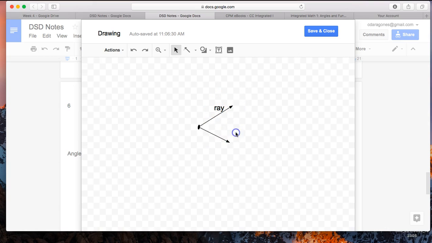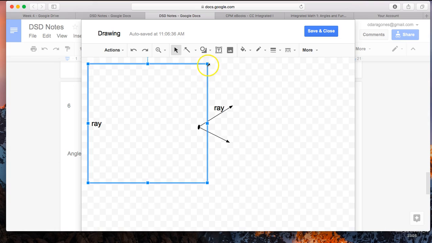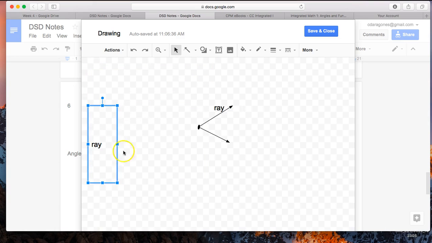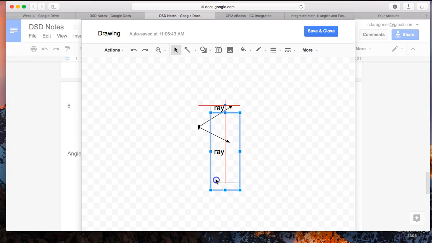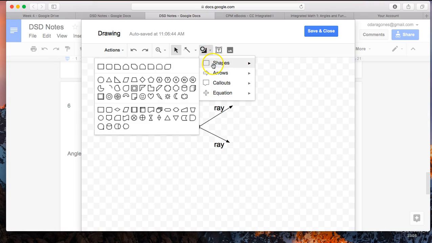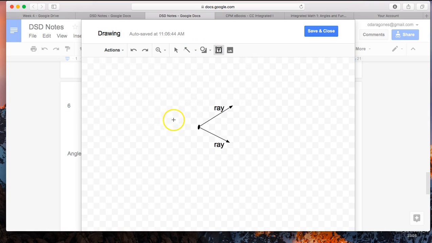And this one right here is also a ray. And this one, the point where they meet, is called your vertex.